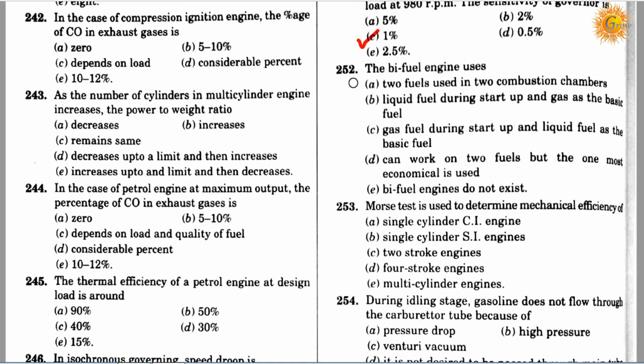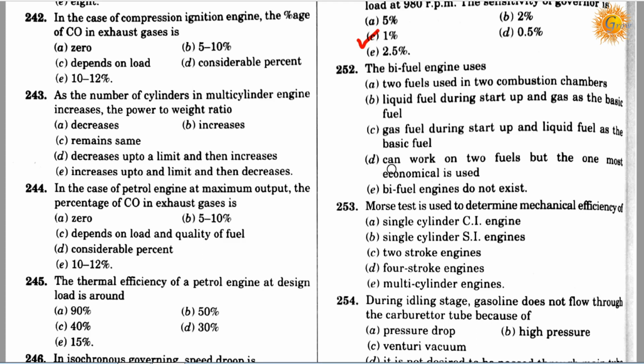Question number 252. The biofuel engine uses: Option A, two fuels used in two combustion chambers. Option B, liquid fuel during startup and gas as the basic fuel. Option C, gas fuel during startup and liquid fuel as the basic fuel.